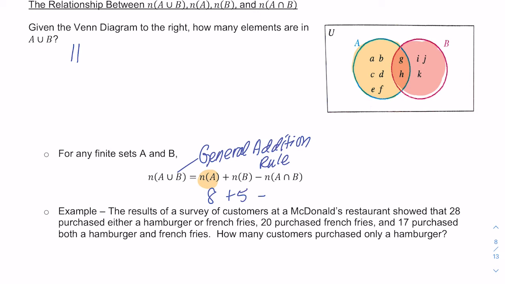But if you realize, when we took the elements in A and B, we counted some of them twice. And the ones we counted twice were the G and the H in the intersection. So we're going to take away 2. If you add 8 plus 5, you get 13, minus 2 gives you the 11, which is the same answer we got when we counted those elements together.